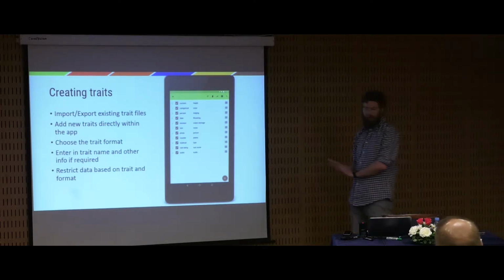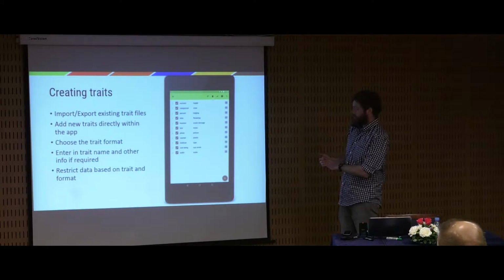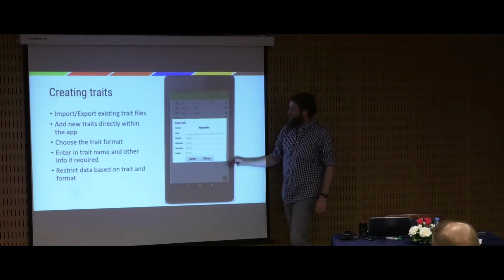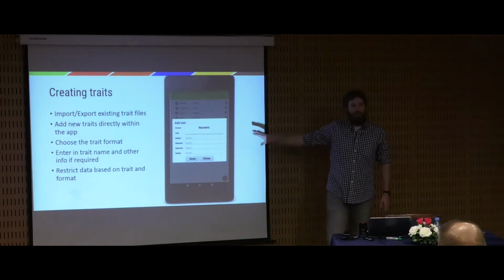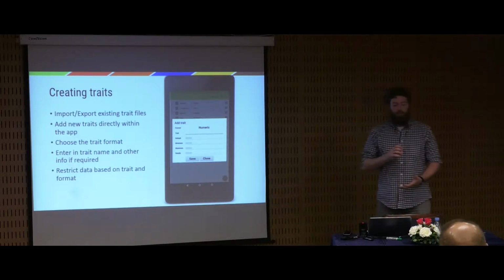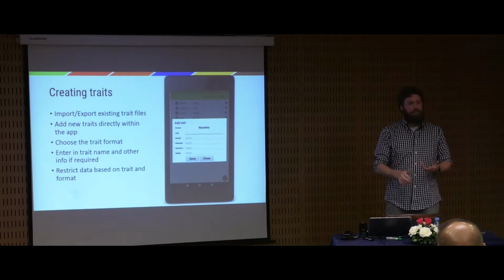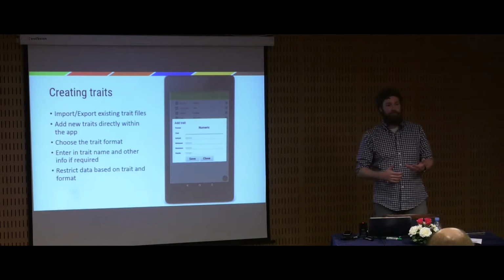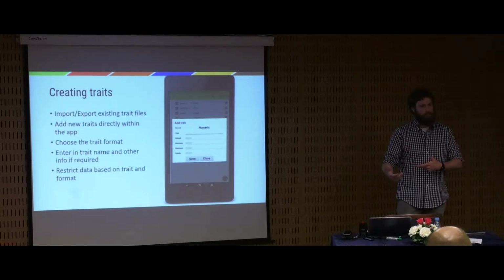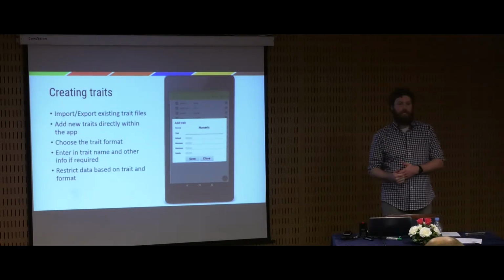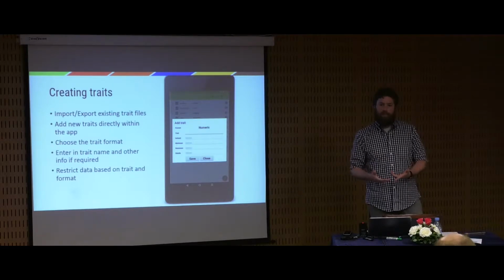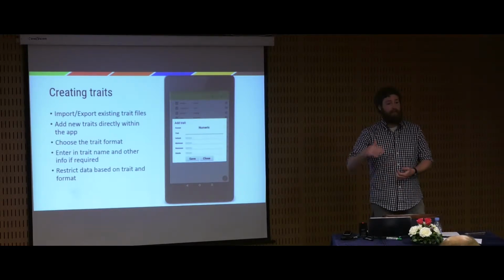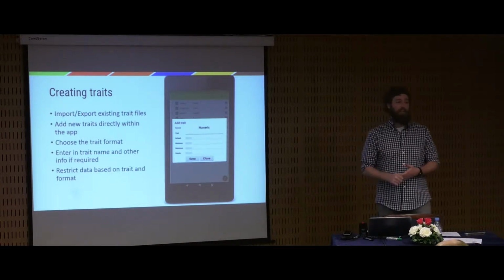Depending on the type of trait that you're adding, you can modify the name of the trait, the format. Different traits have different things that you can restrict. For instance, a numeric trait is going to have a minimum and a maximum, which aren't required, but you can add them for that added level of data integrity.